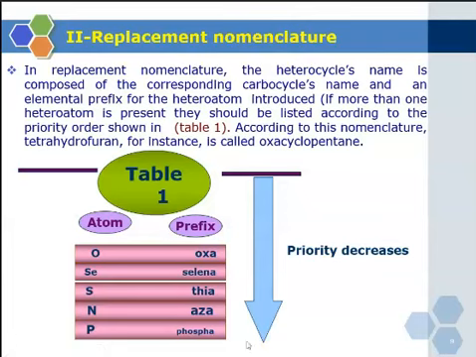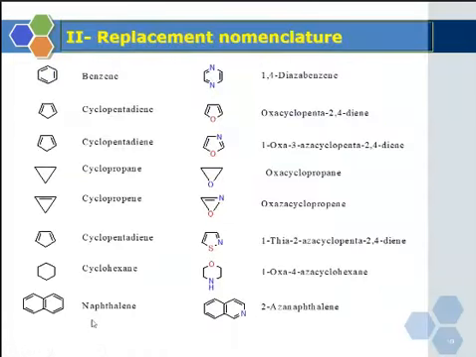And here we can see the priority: oxygen, higher priority bearing atom, next sulfur, next nitrogen. As per this replacement method of nomenclature, we can see the nomenclature of some of the compounds here.